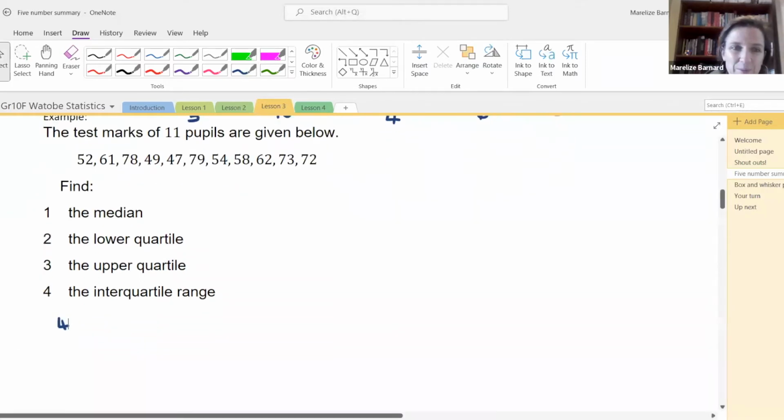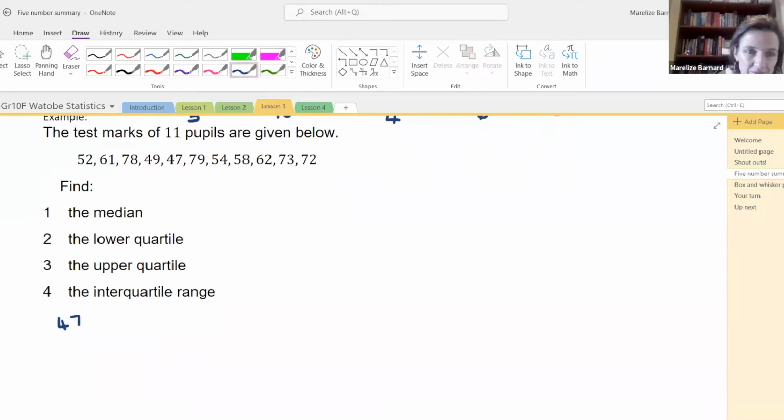Okay, and post your answers for the lower quartile as well. Good stuff, everyone. Oh, I see lots of answers coming in. It's very nice. If you're not getting those answers, just check that you arranged your data correctly from smallest to biggest and that you worked with 11 data values.